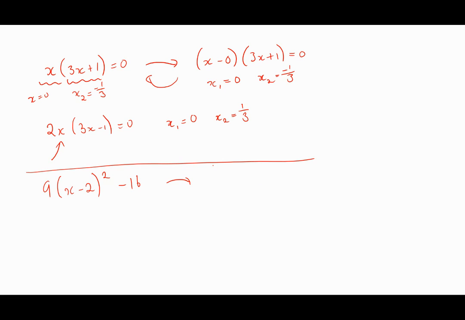Best to do the thing that is in brackets first. So I'll leave the 9 out here and then write this as x minus 2 squared, because this part here is actually a perfect square, because it is a quadratic into a single bracket that has been squared, minus 16.